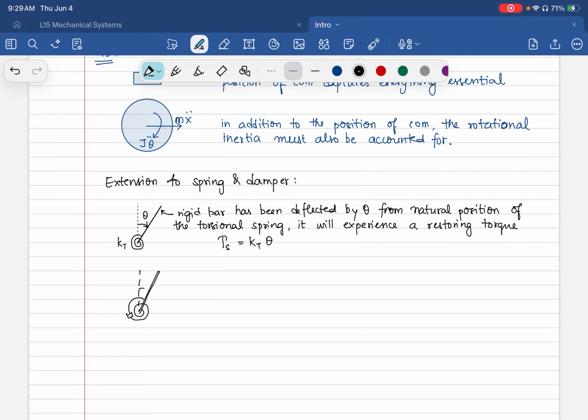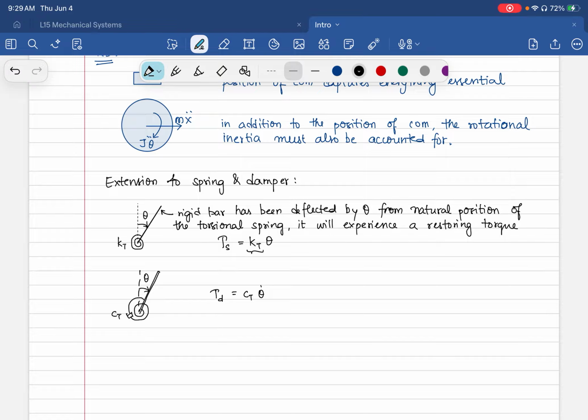In this case, this here is theta, so theta dot is also positive to the right. Then tau d would be equal to ct times theta dot, where ct is the torsional damping coefficient.